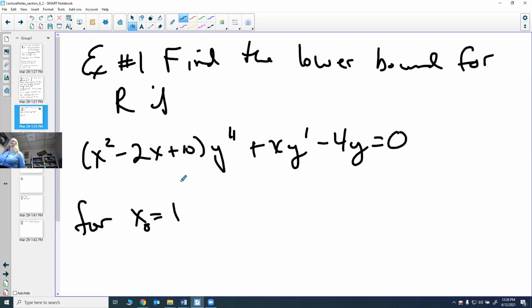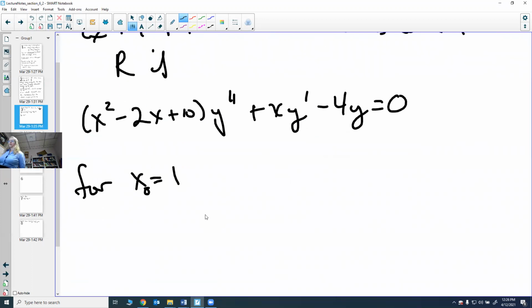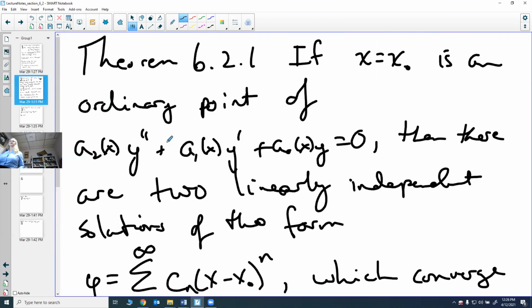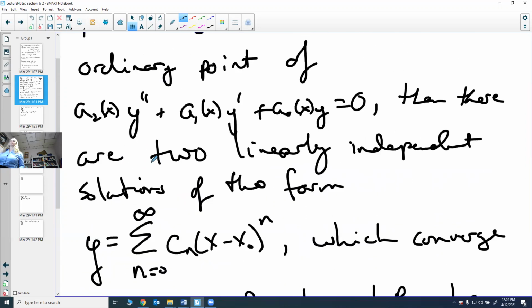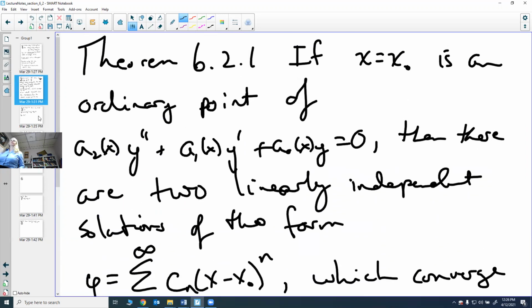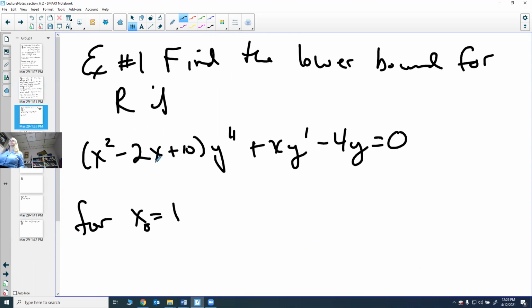We want to find that lower bound for r. The very first thing we do is divide through by a2 of x, so these p of x and q of x need to be continuous. We need to find out where they are continuous.